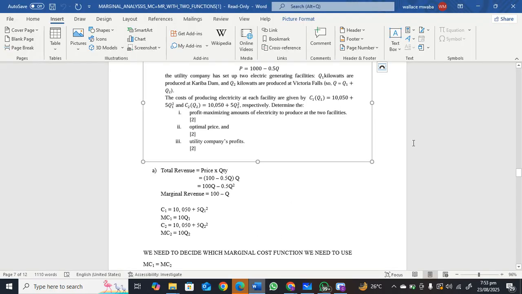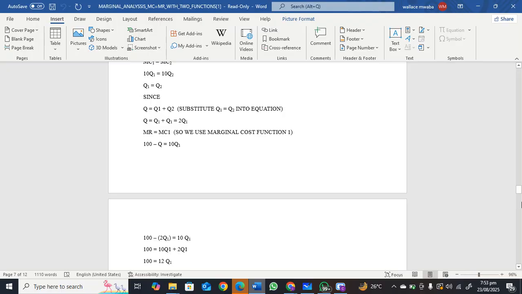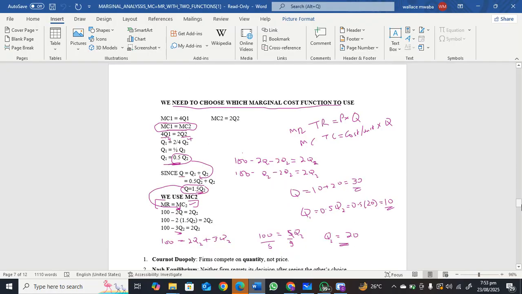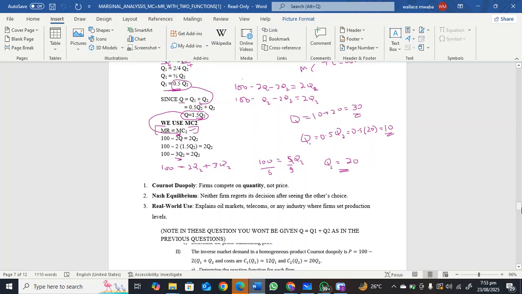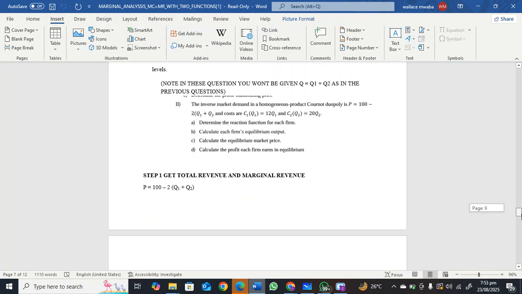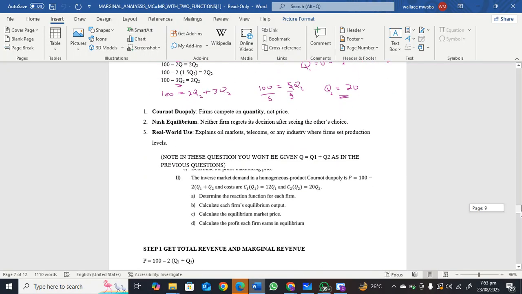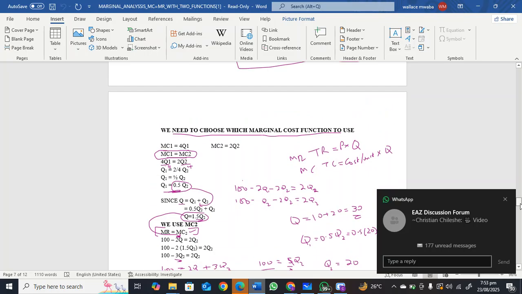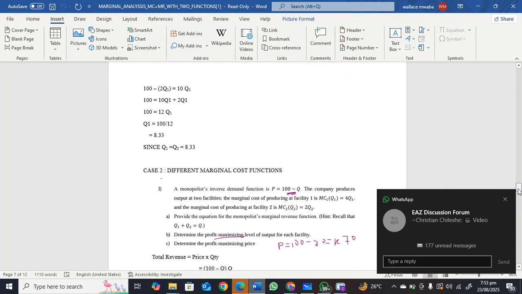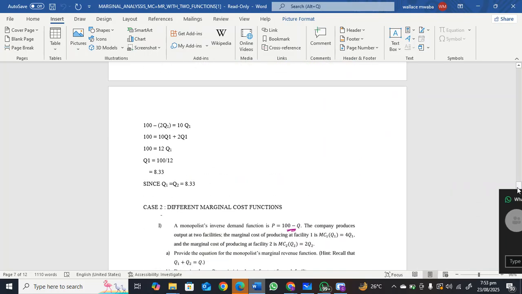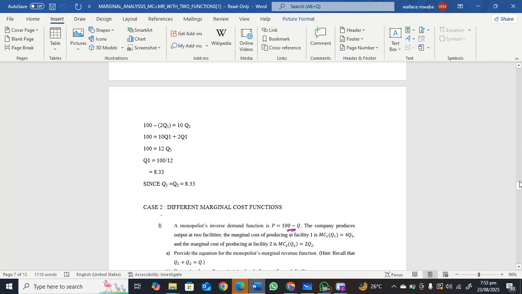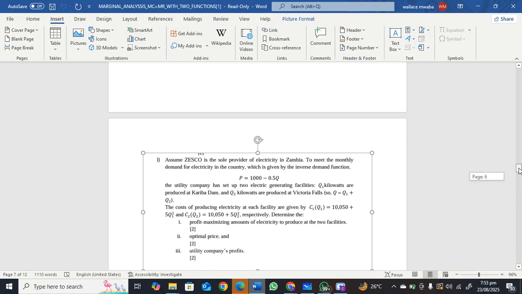Okay, when getting the profit, I think we did. Since the board is not showing, where did I get this?